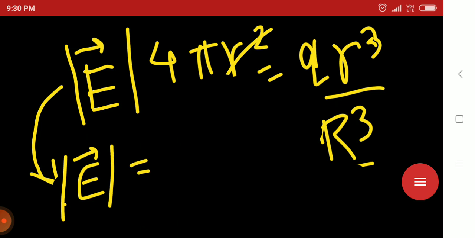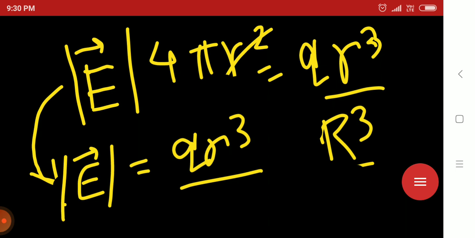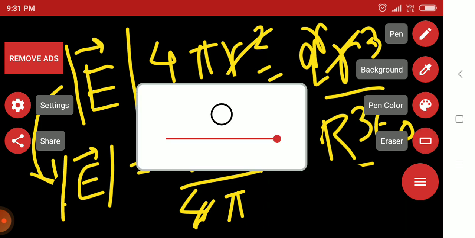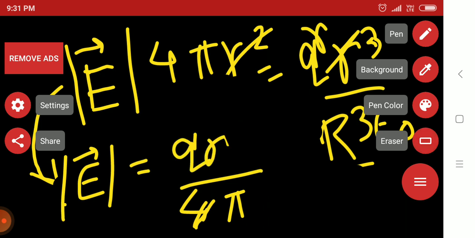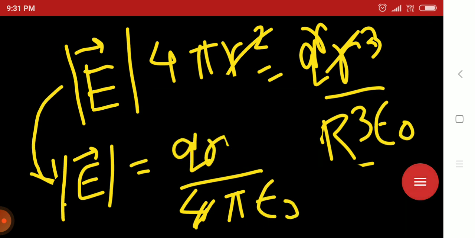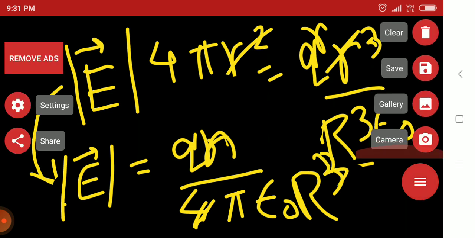E equals Q into small r by 4 pi epsilon naught capital R cube, since the small r cube and small r square cancel out. Q into small r divided by 4 pi epsilon naught capital R cube.